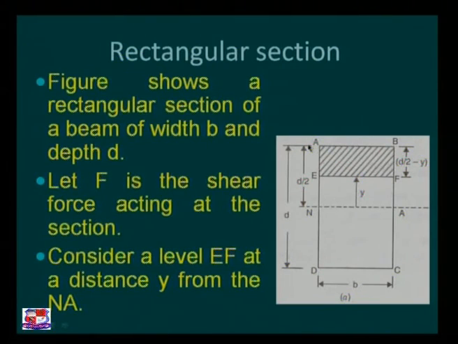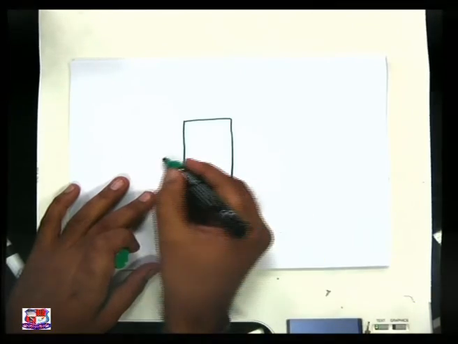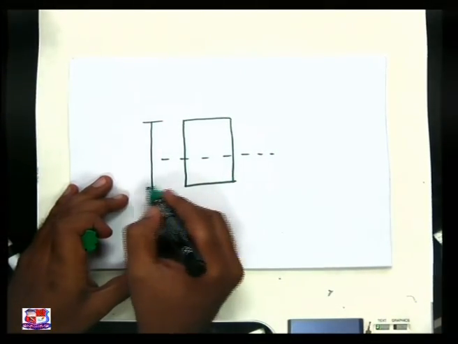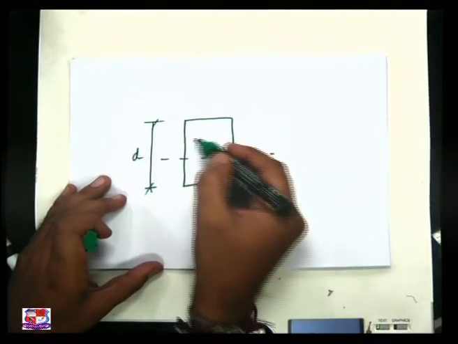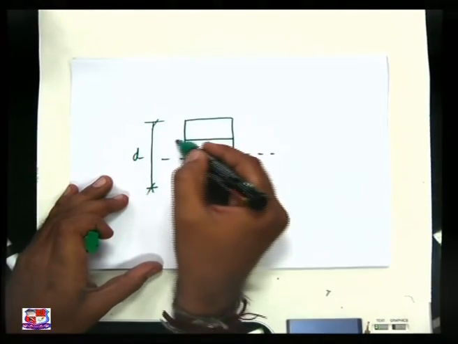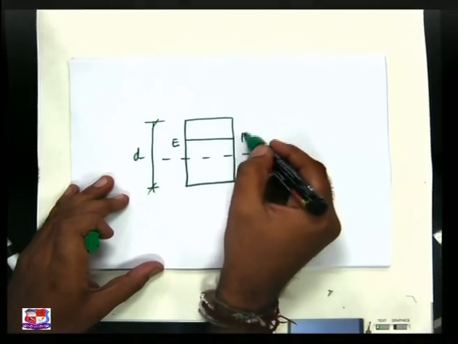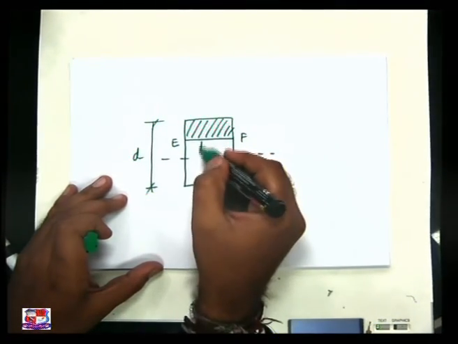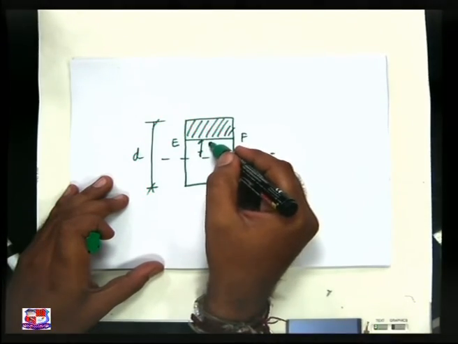If we look at this tabletop, this is the given rectangular section. The depth available to us is D. This is layer EF, and this is the hatched portion. The available depth is y.